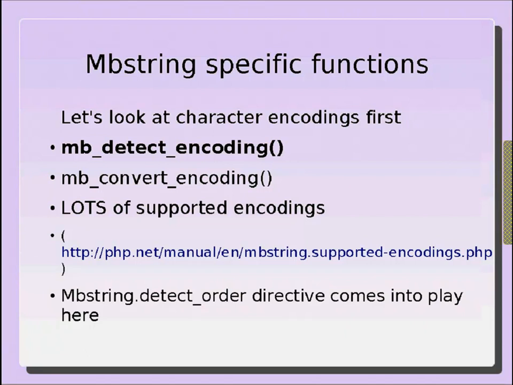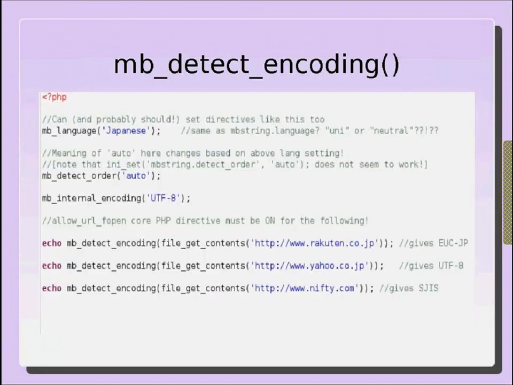Let's have a look at that. Okay, a little code snippet here. This actually shows a different way to set the extension directives. You notice we're not using ini_set anymore. mbstring actually gives us some specific functions to set its own internal directives, which possibly might be better to use than ini_set.